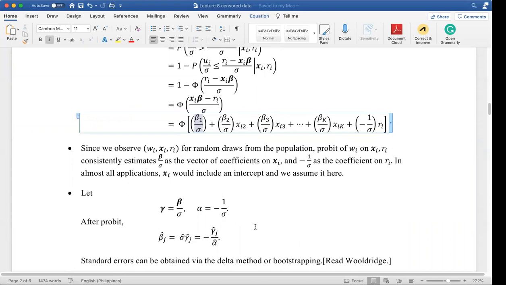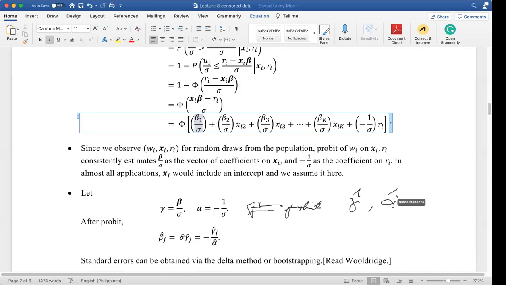Note that probit will give you estimates of gamma and alpha. So this is what would be estimated by probit: you have gamma hat and alpha hat.